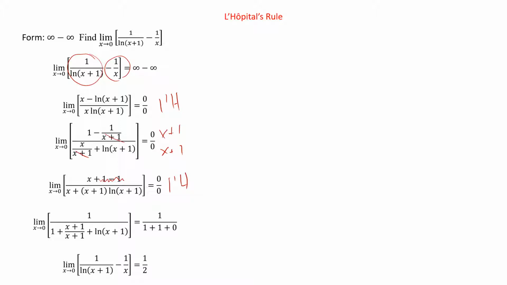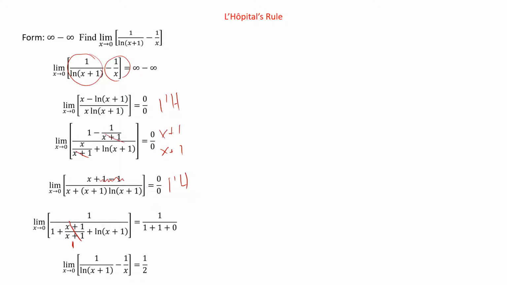When we do that, we're going to get 1 over stuff. Let's see, x goes to 1. Power or product rule on the natural log again. One of them is x plus 1 over x plus 1. That just reduces to 1. And the natural log of x plus 1, we can plug in 0.